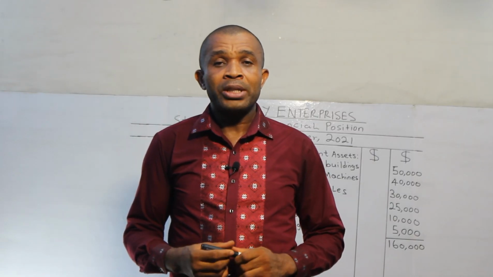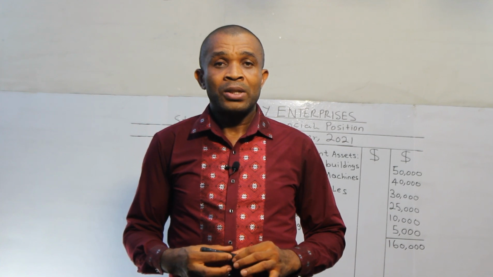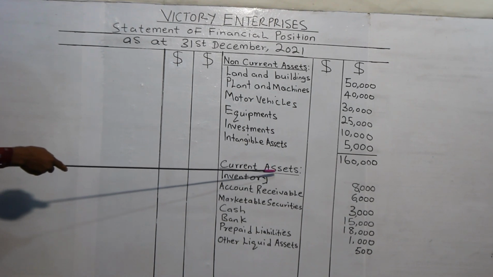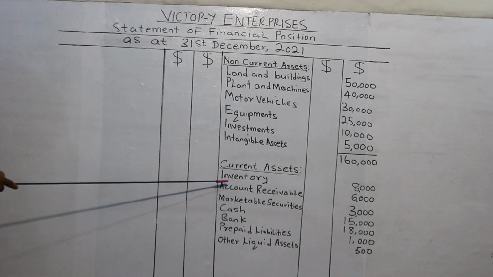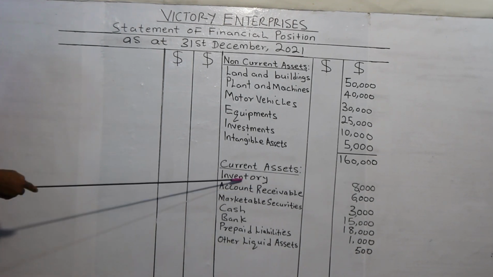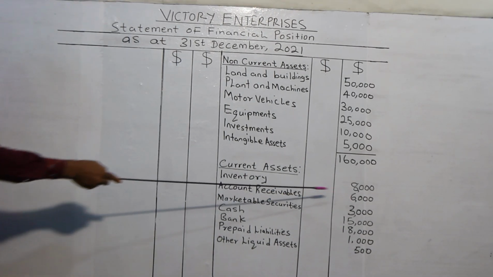Let's go to the board and include items of current assets to the non-current assets. So we have the current assets alongside with the non-current assets, and they include items like inventories, 8,000 or closing inventory. Account receivable, 6,000.